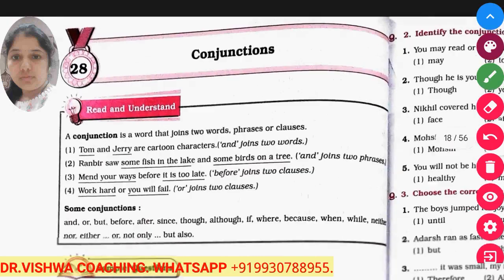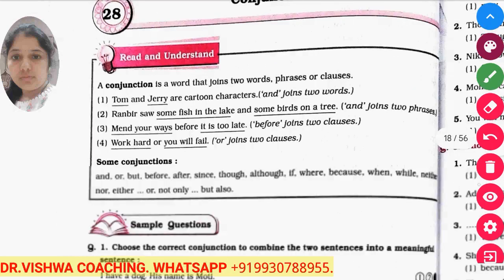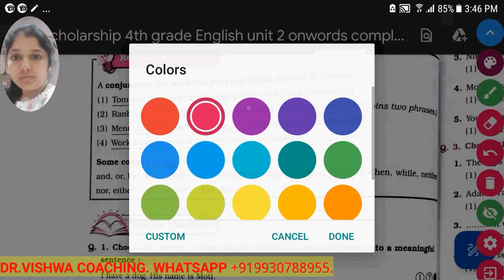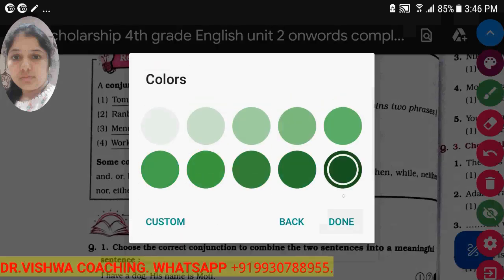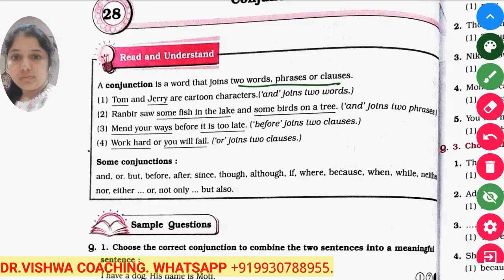Okay, now the next topic is conjunction. Now the conjunction means what? Joining of two things. Conjunct means to join. Okay, now these are some words which are used to join two words or two phrases or clauses.